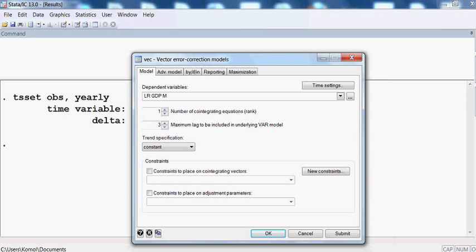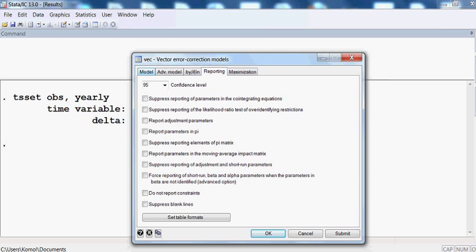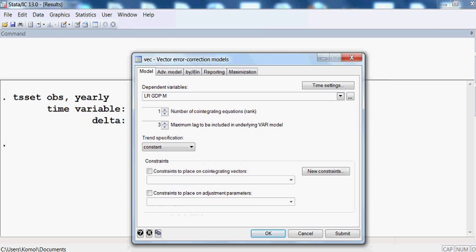Okay, then what else? Anything from reporting? No, nothing from reporting. So here I put LR first intentionally, because this one would be our error correction model where LR is the dependent variable.